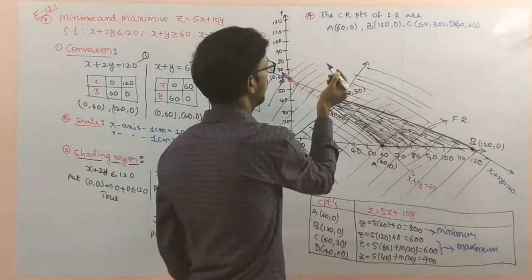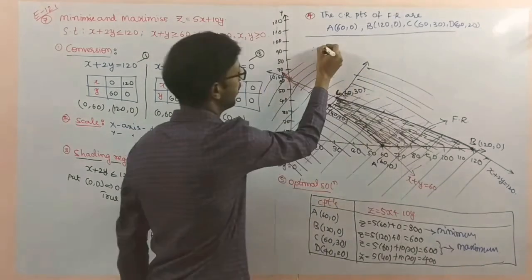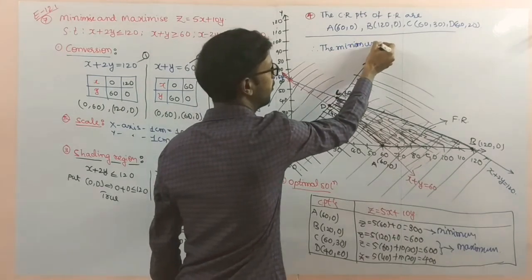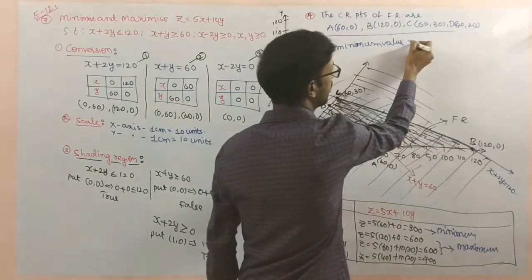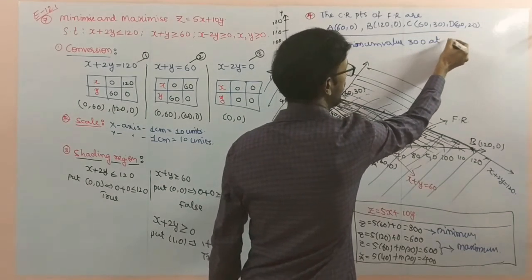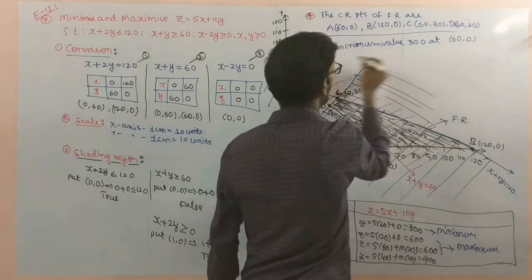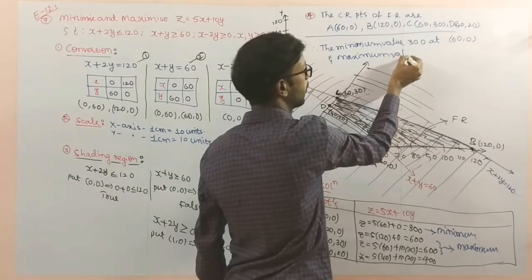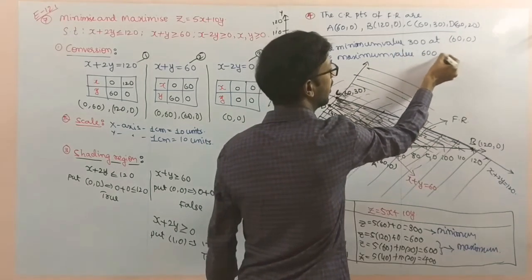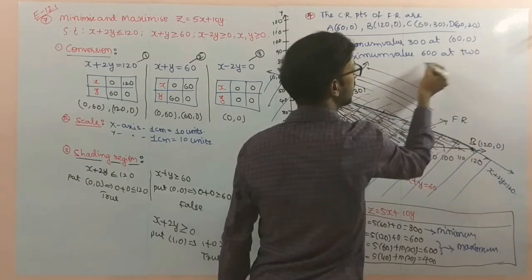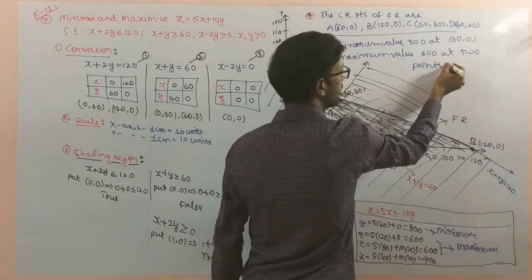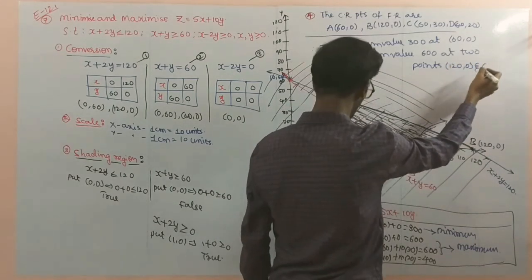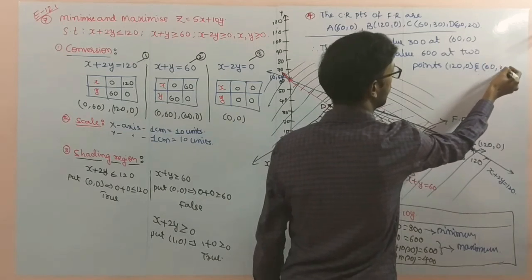Therefore, the minimum value is 300 at 60, 0 and the maximum value is 600 at 2 points, 120 comma 0 and 60 comma 30.